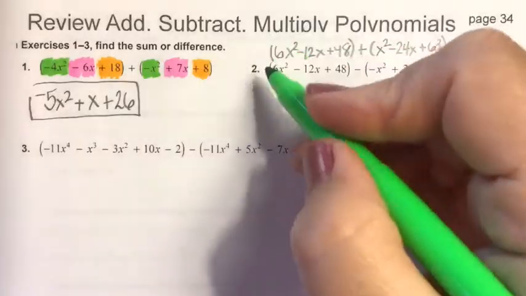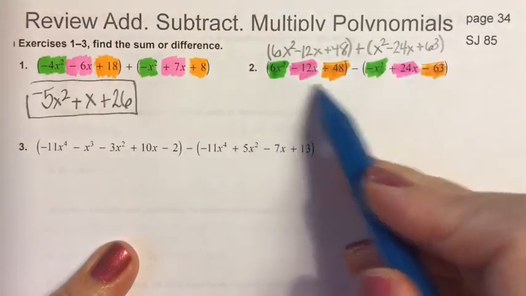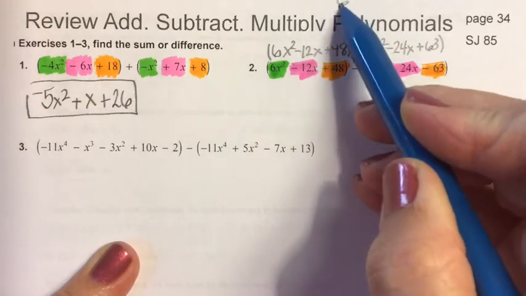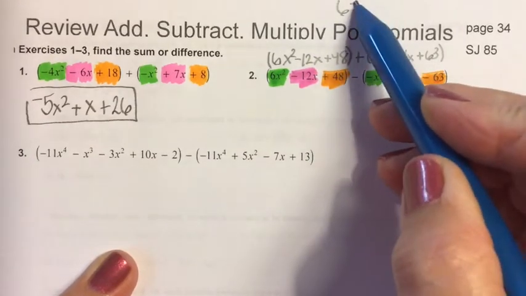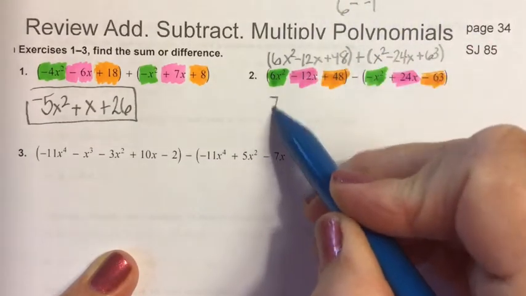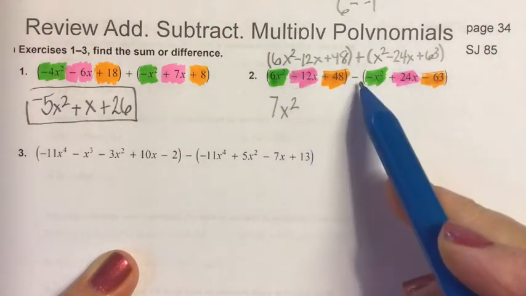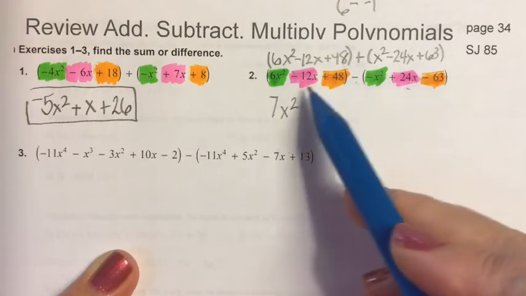Again, I'm going to subtract like terms. 6x squared minus negative 1x squared. 6 minus negative 1 is 7x squared. Negative 12x minus 24x.